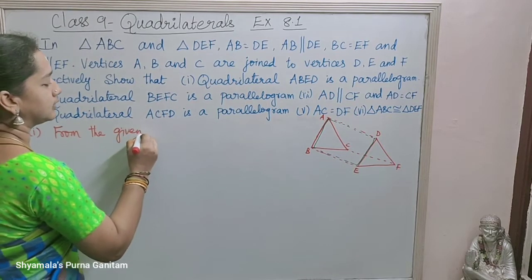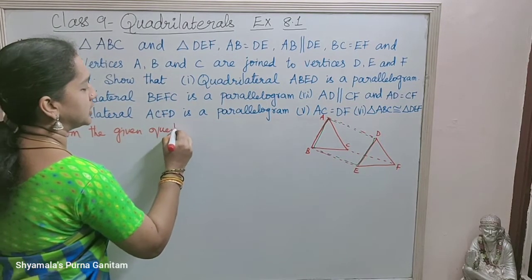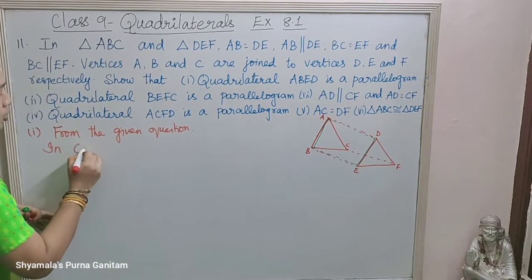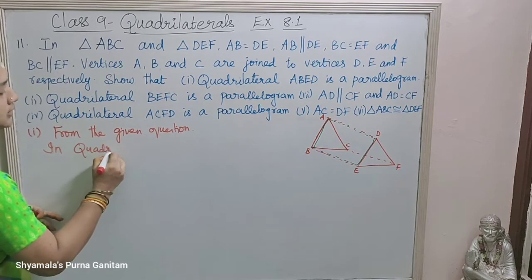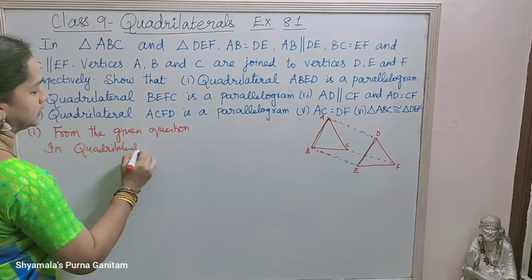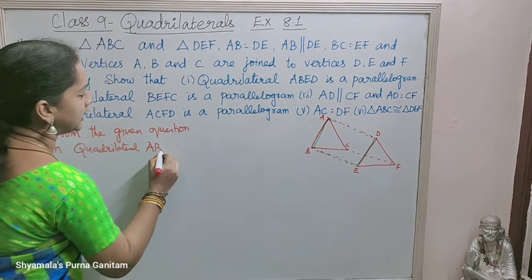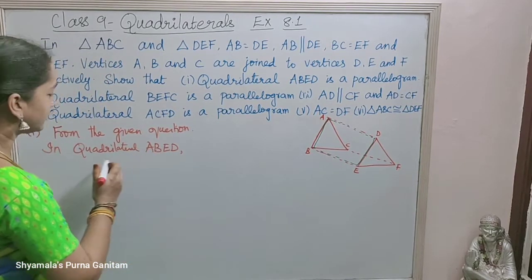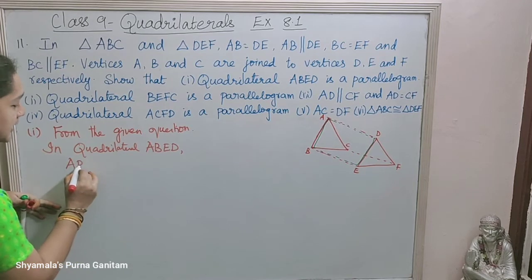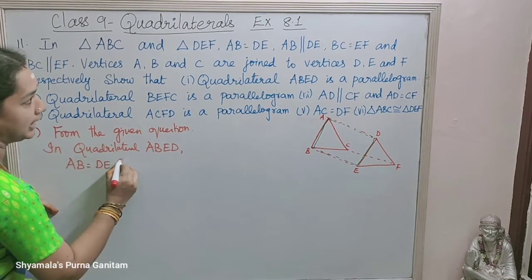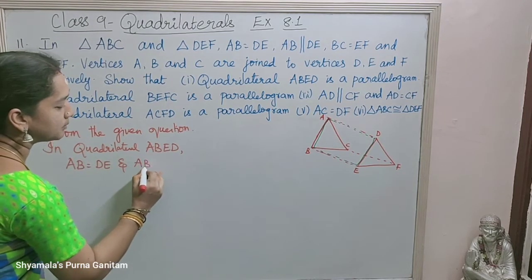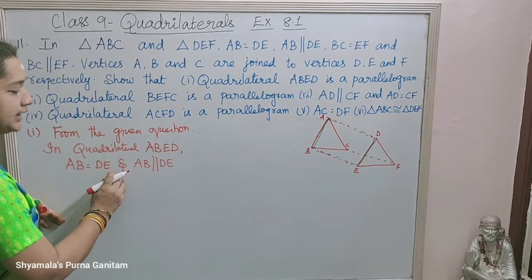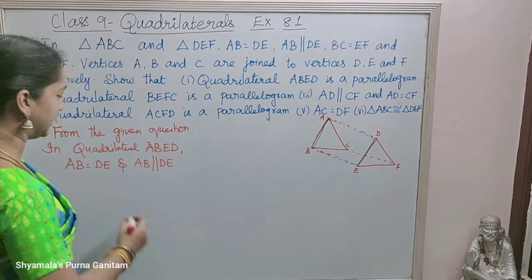So from the given question, in quadrilateral ABED, AB is equal to DE and AB parallel to DE.